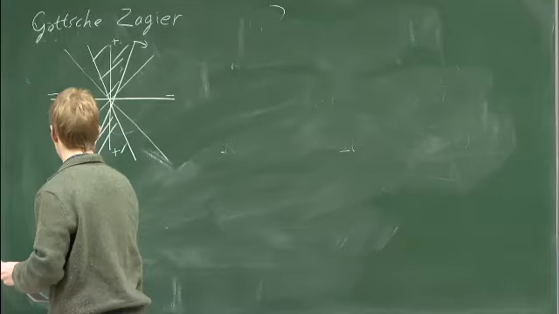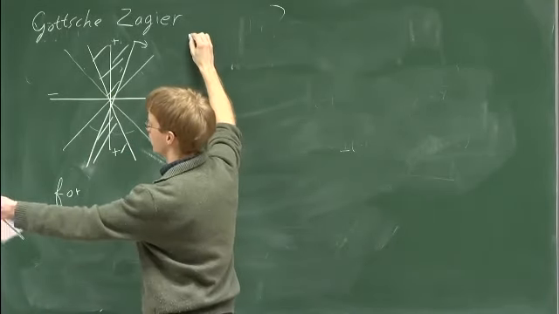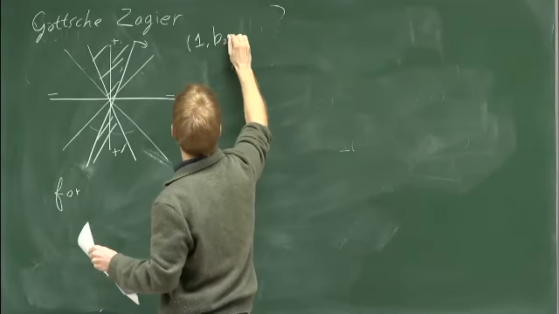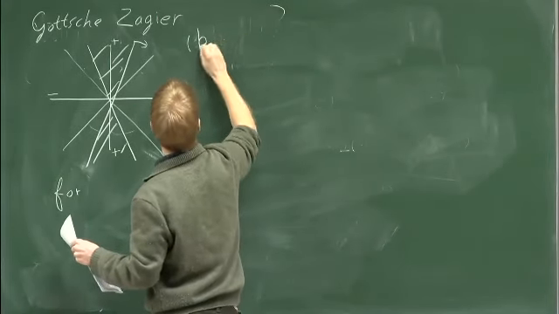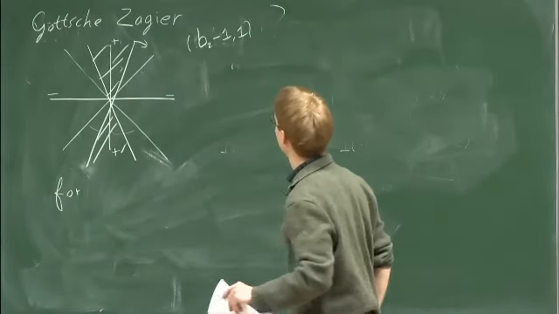Now, this is an indefinite lattice for rank 2 with signature 1, B2. It's the other way around. It's B2 minus 1, 1.